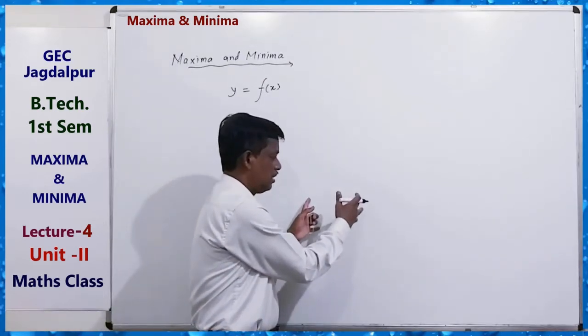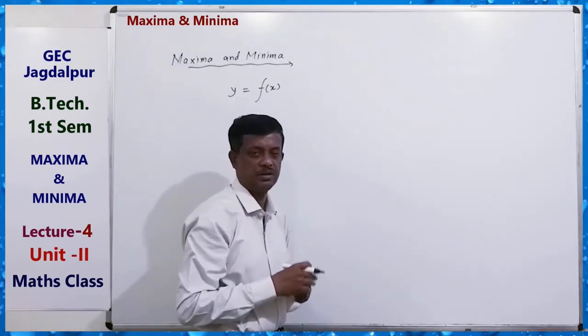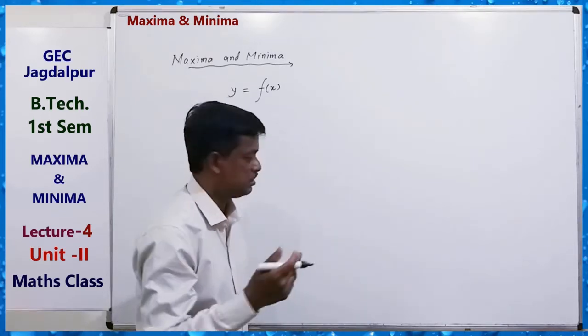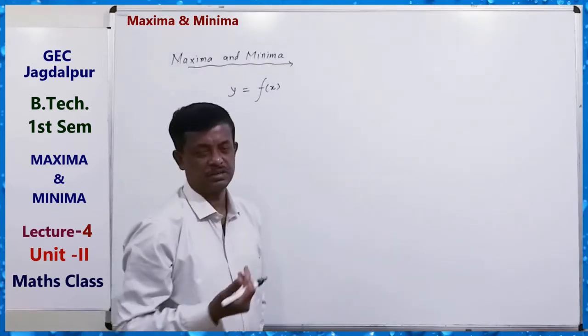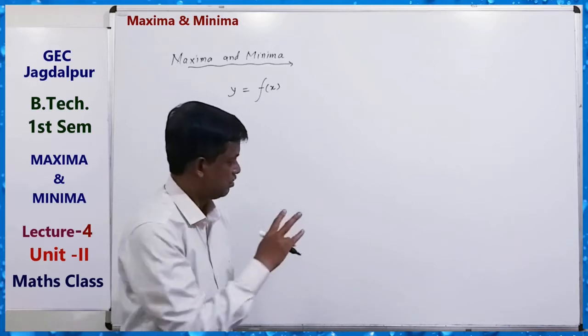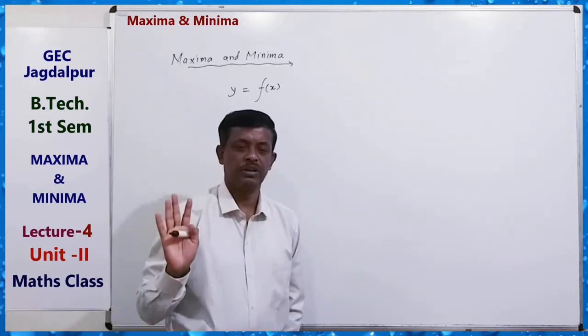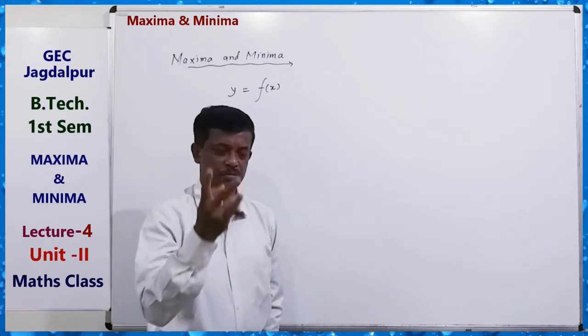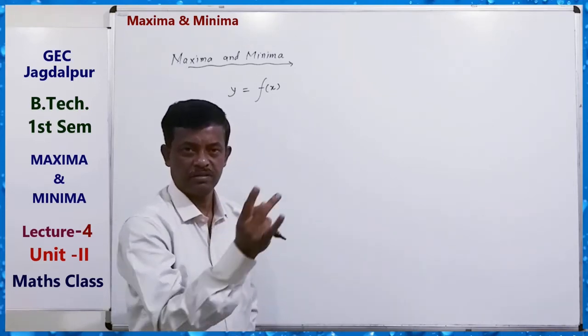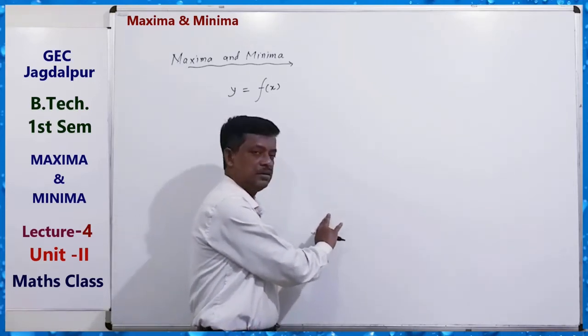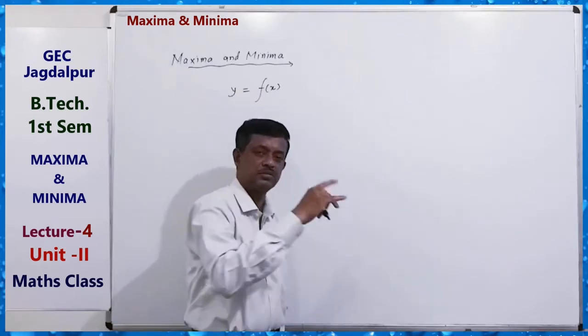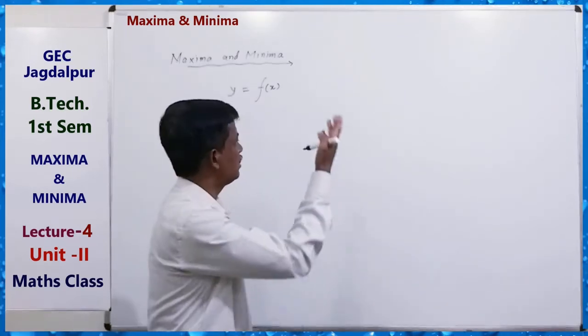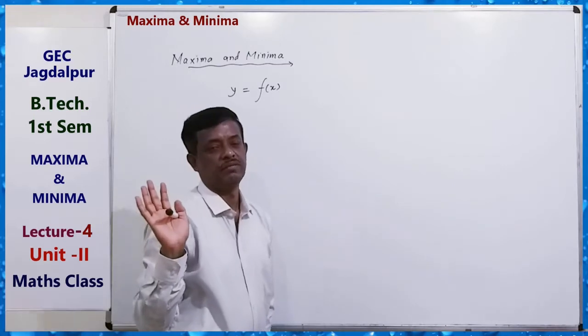That will be the function. Maybe two variables are related, but by some condition we can write one variable in terms of the other variable, and then we get a single variable function.